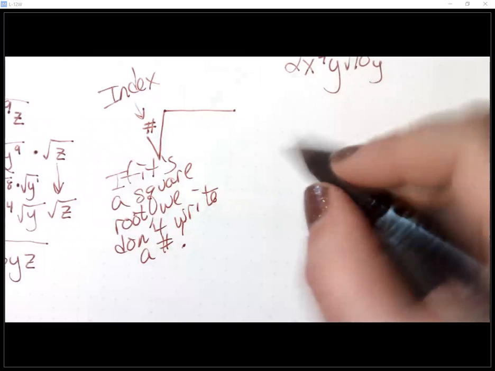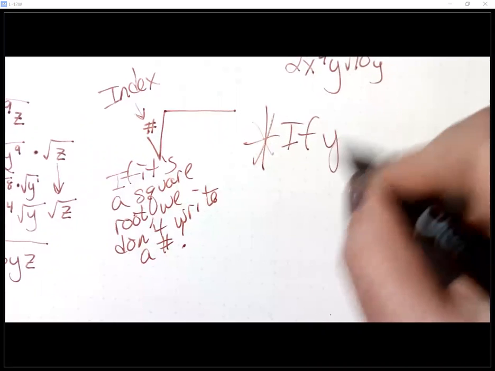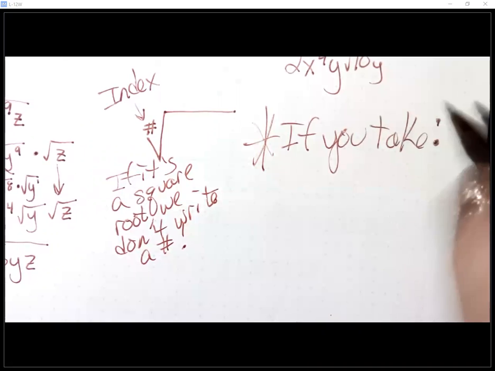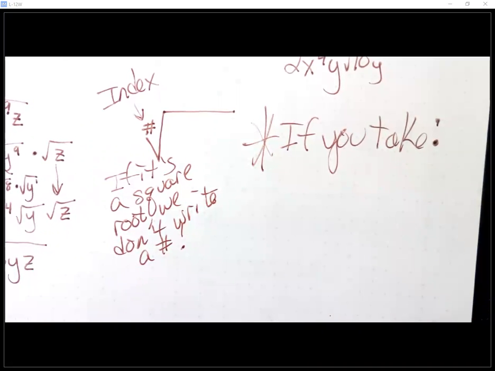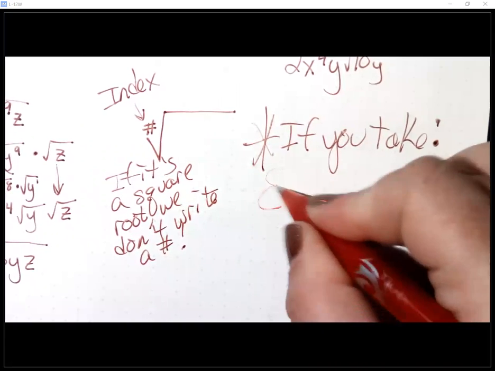Okay, so let me first write the rule down and then we'll look at some examples. So, big star: there's a little saying that we have to help us remember this.